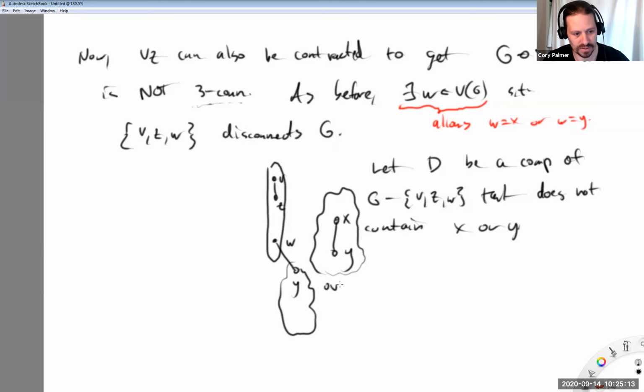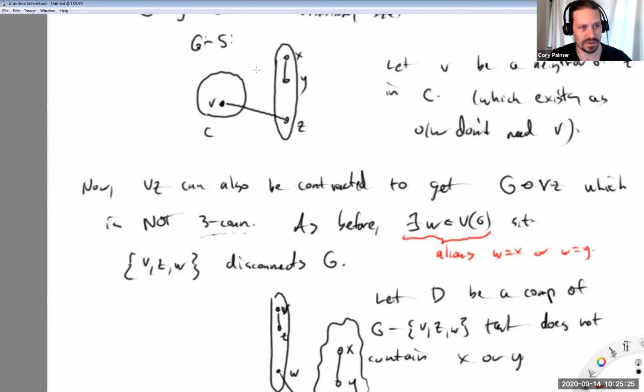So this or this, one of these happens. Does that make sense to everybody? X and y can't both be equal to w, and x and y are definitely not equal to v or z. If you go up to the picture above, it's illustrated correctly. You have x and y separate. Z was an additional vertex, and v was something in this component after the removal. So v can't be equal to either of those.